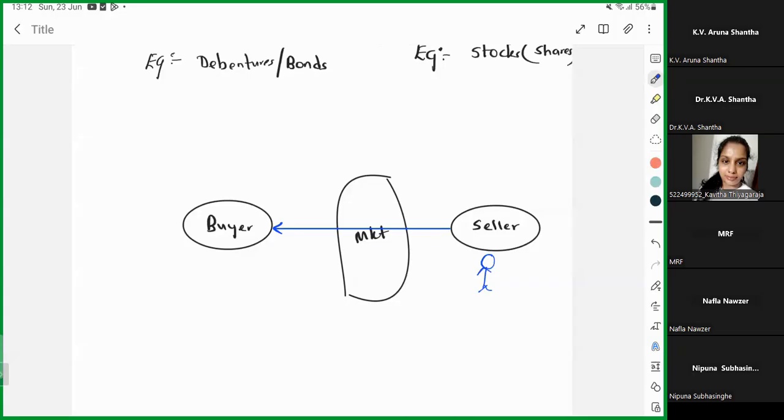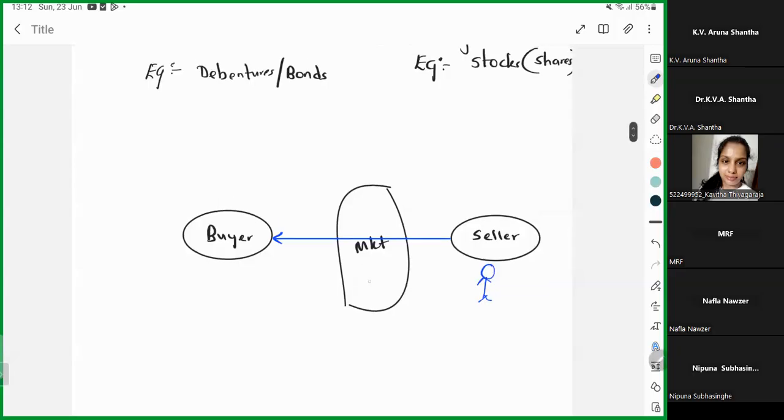Let's say currently the market price of your share is 20 per share. Now you are thinking whether that price of 20 is a good price.